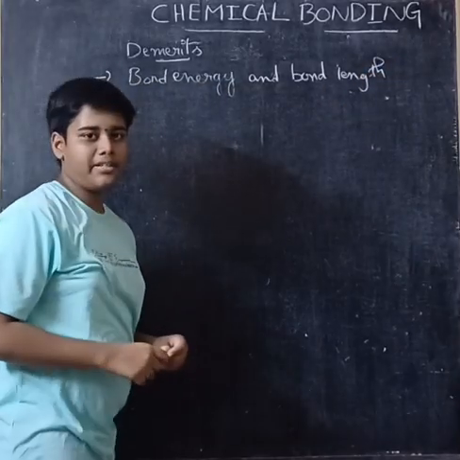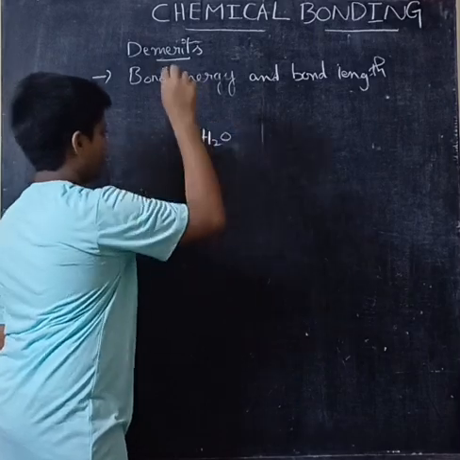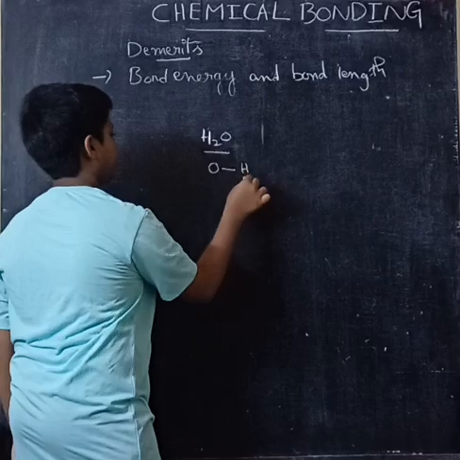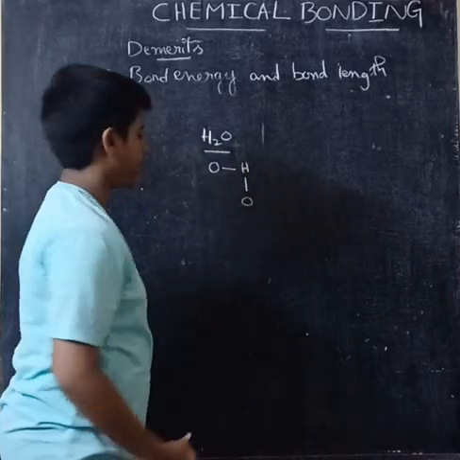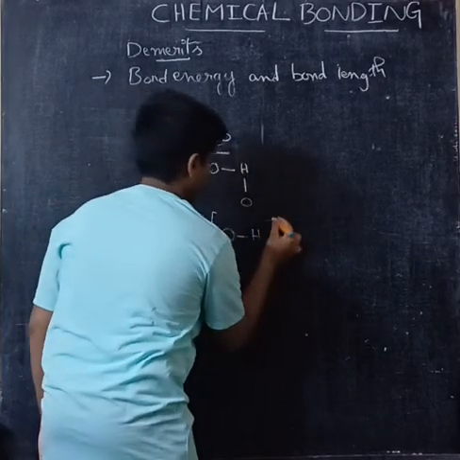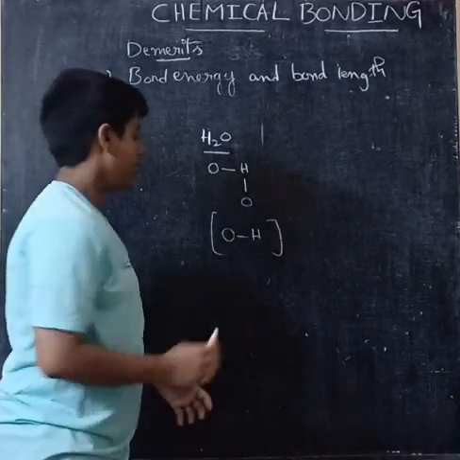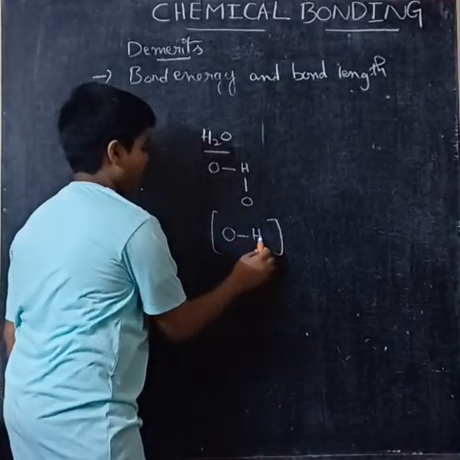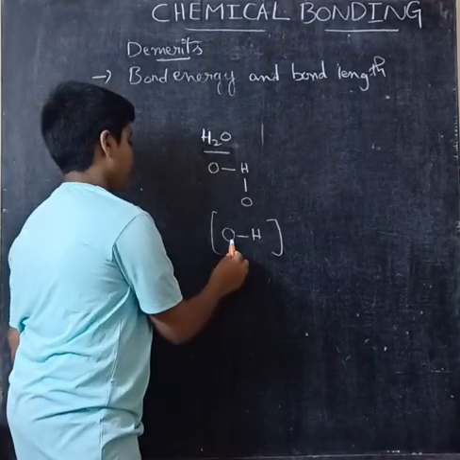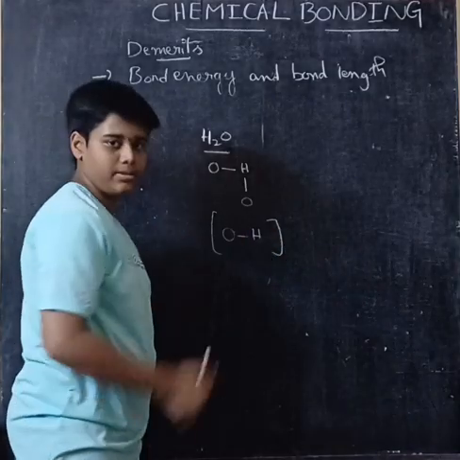So what does bond energy mean? If we consider the H2O molecule, what is the structure? O with H on each side. This is the structure. And if we consider the O-H bond, what does bond energy mean? The energy required to break the bond between the O and H atoms.